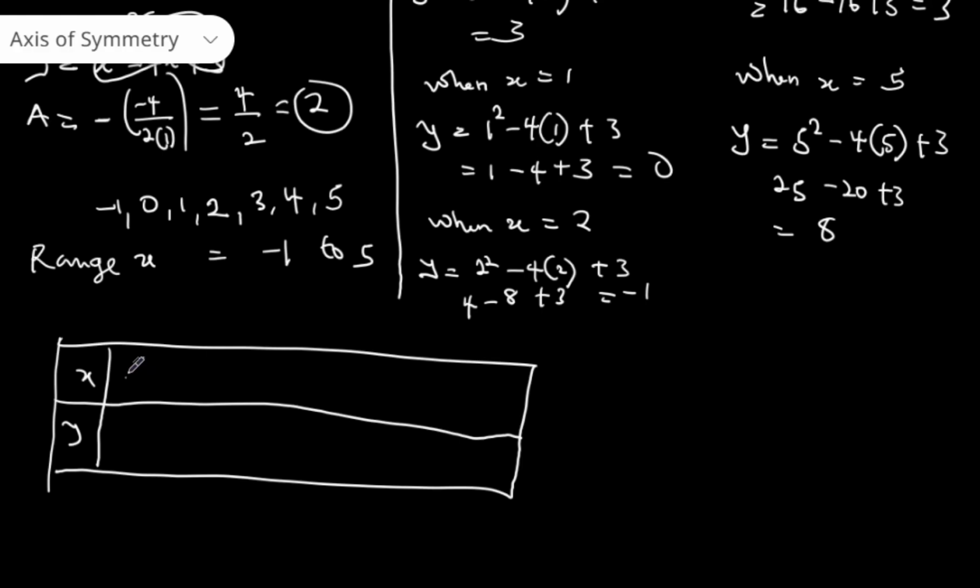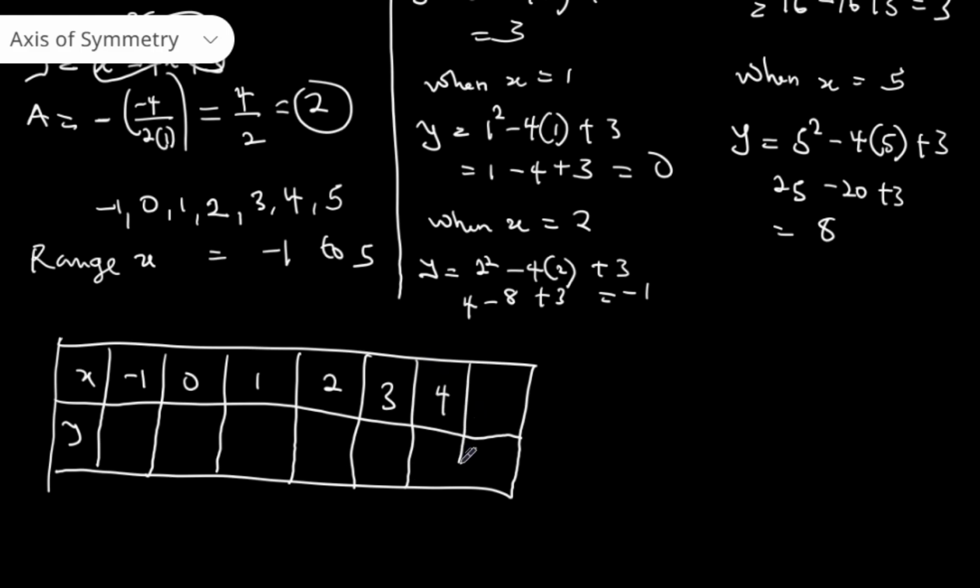Our x is minus 1, 0, 1, 2, 3, 4, and then 5.